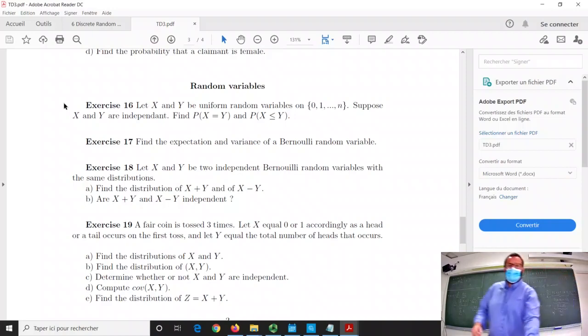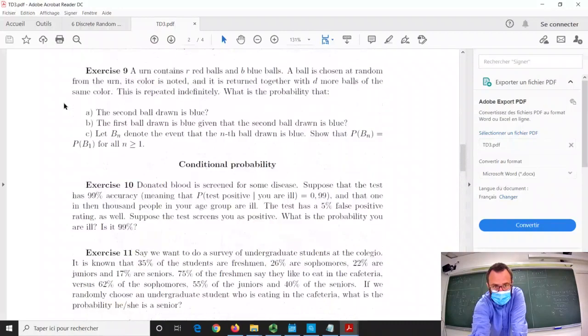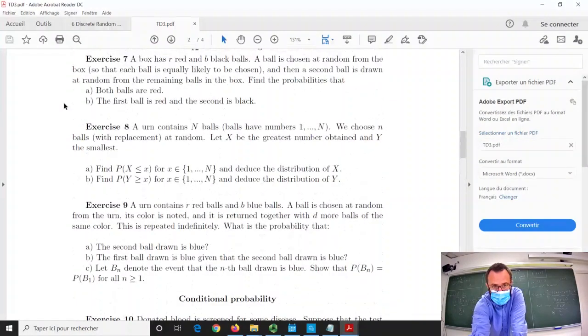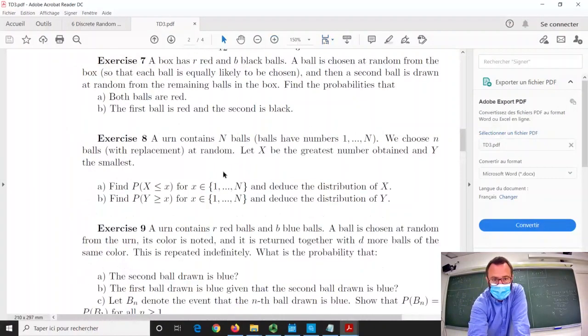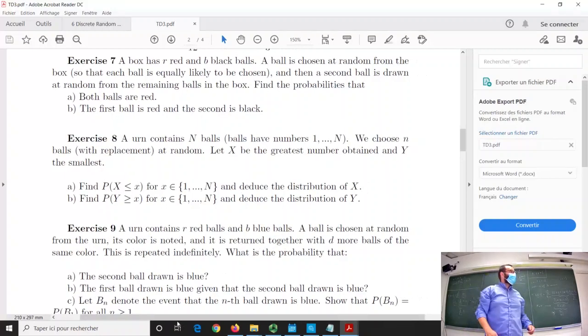Okay, so let's do another exercise. The exercise 8 of the list 3. This one here. So I repeat the last time, are you okay with my solution?